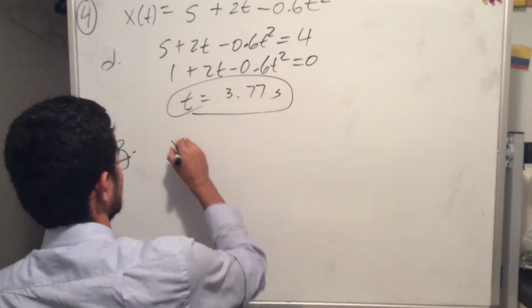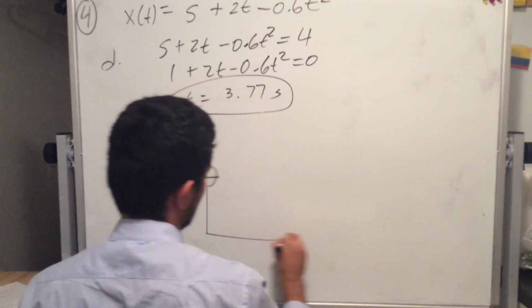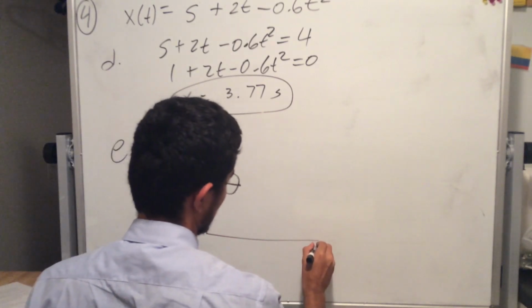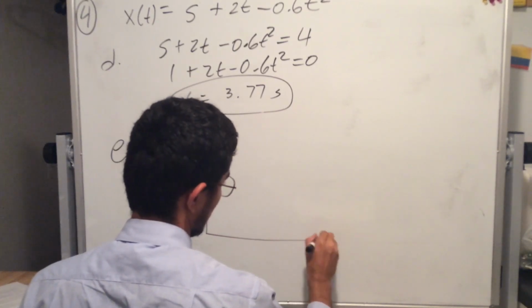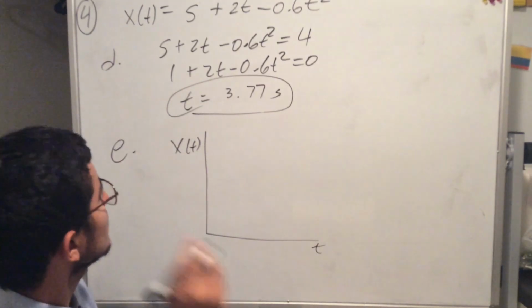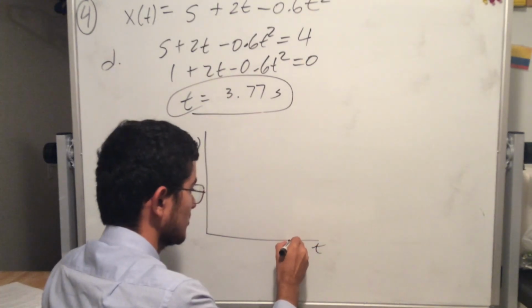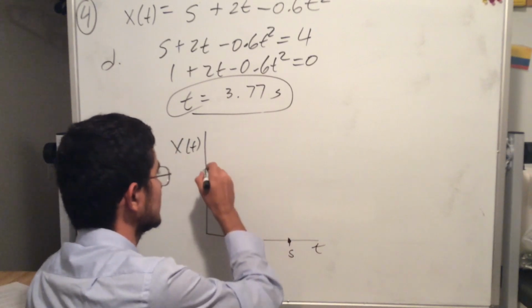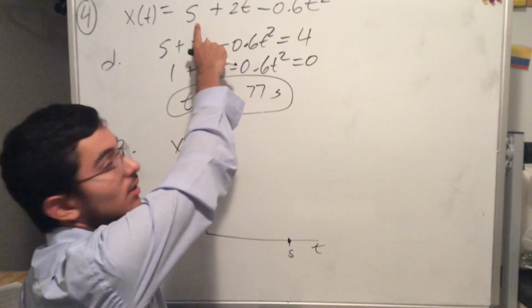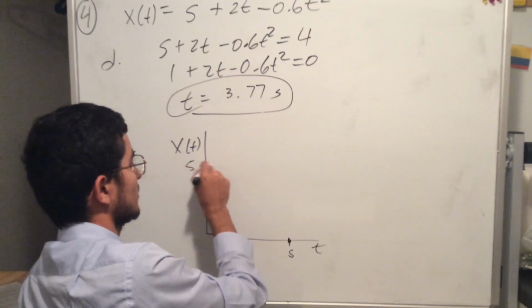So let's go ahead and graph position over here, x of t. We've got the x-axis, and then we're going to have t for time. Now, we found out that at t equals 5, right over here, this is going to be 0. And the initial position is 5 meters, so this is 5 meters over here.